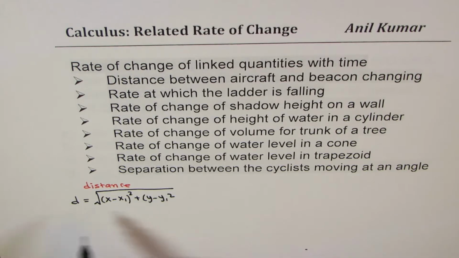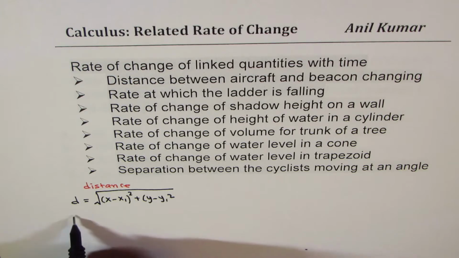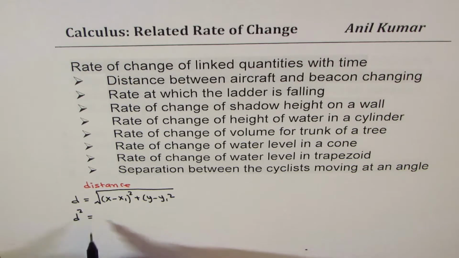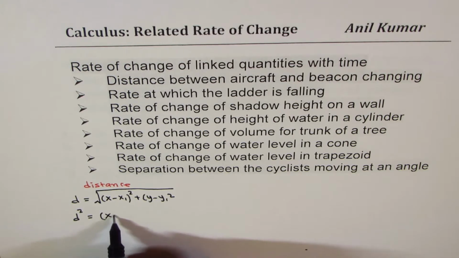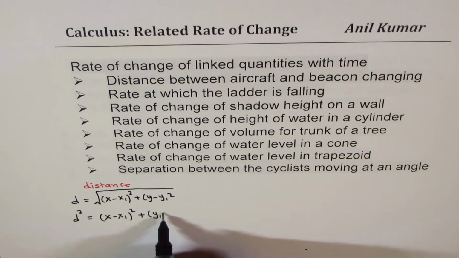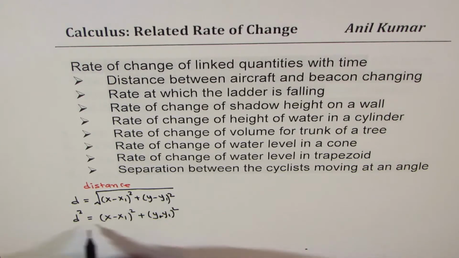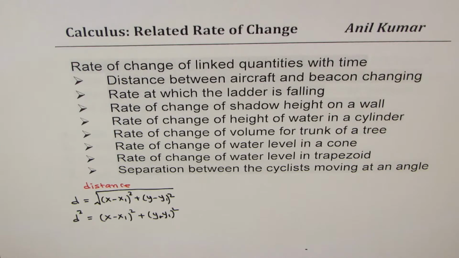Now at times you can also use square of a distance. Now that could be helpful. So you could also use distance square as (x minus x1) whole square plus (y minus y1) whole square.